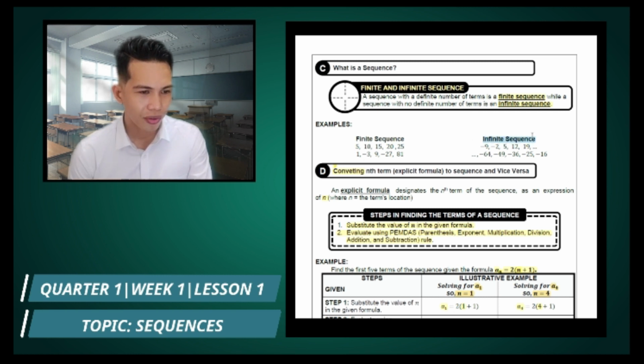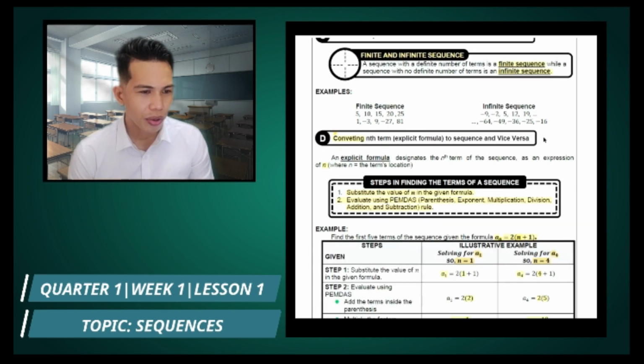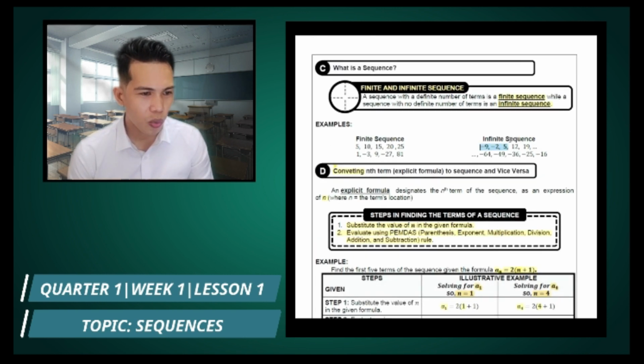Now let's take a look on infinite sequence. We have negative 9, negative 12, 5, 12, 9, and then we have these ellipses. So if you already know what is the rule on this sequence or the pattern, you may continue to write the next term.